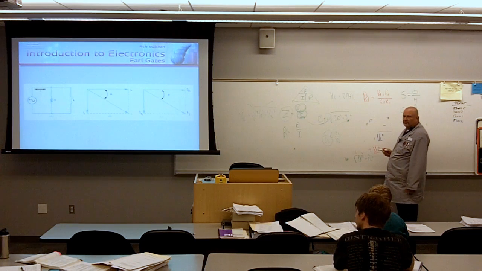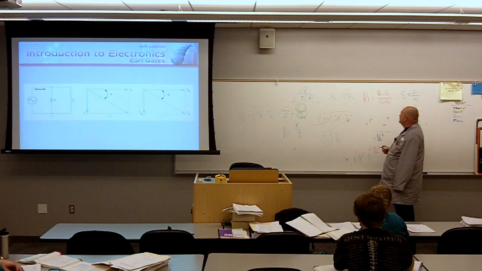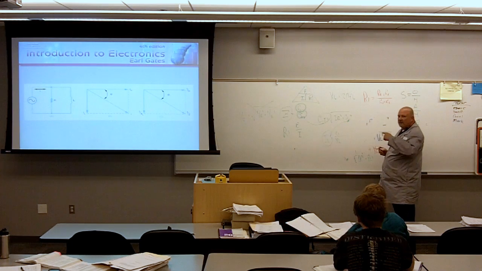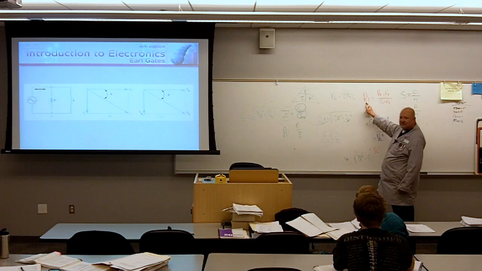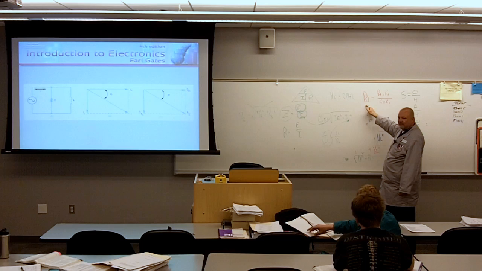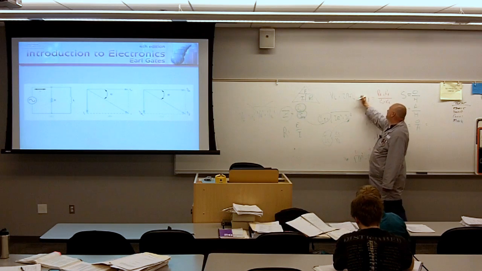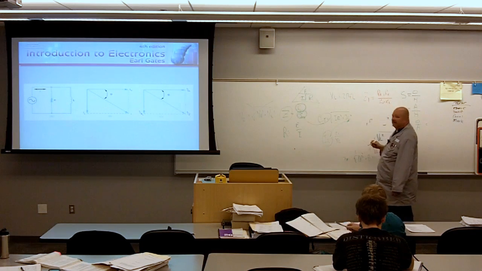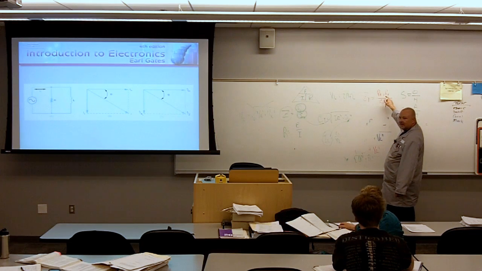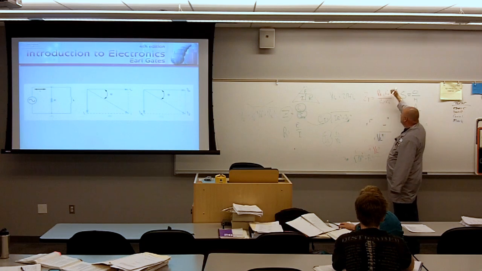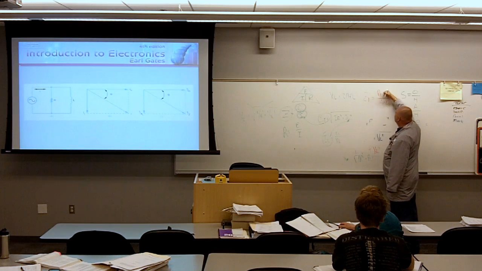So product over sum. We could substitute this and turn this into an AC formula. Instead of RT, we now have ZT. So it'll be R1 times, R1 is measured in ohms. What am I multiplying that times?